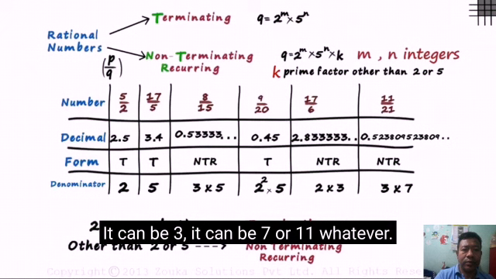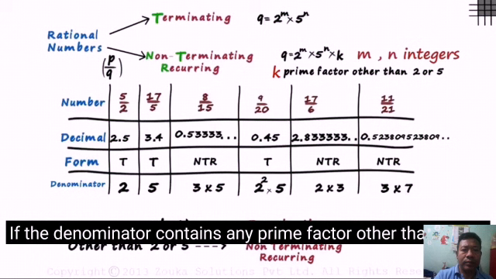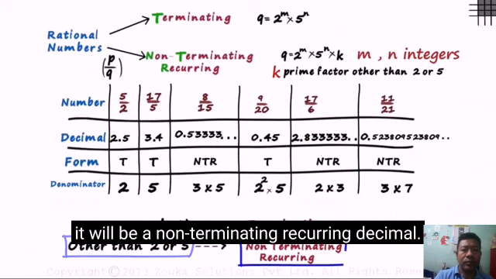It can be 3, it can be 7, or it can be 11, whatever it is. If the denominator contains any prime factor other than 2 or 5, then the decimal will be non-terminating recurring.